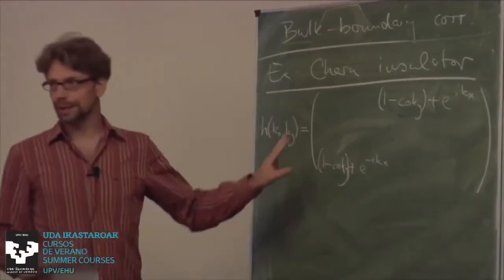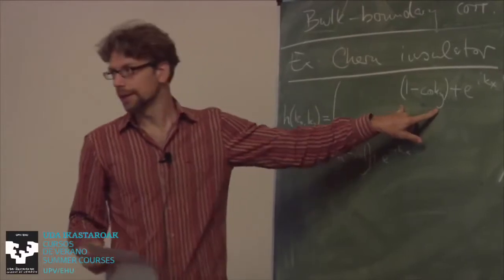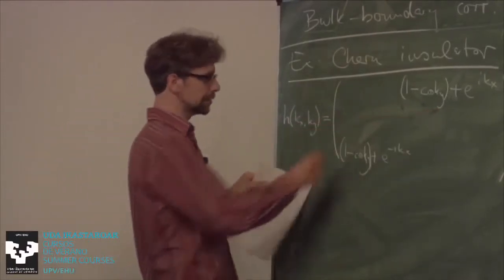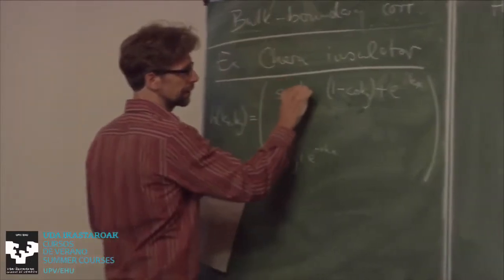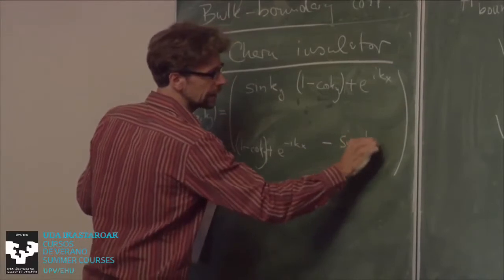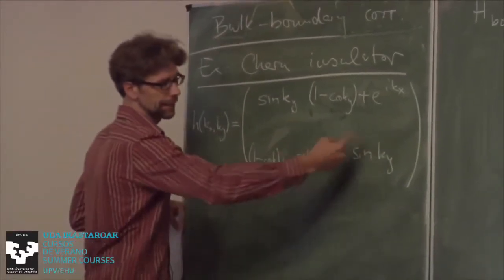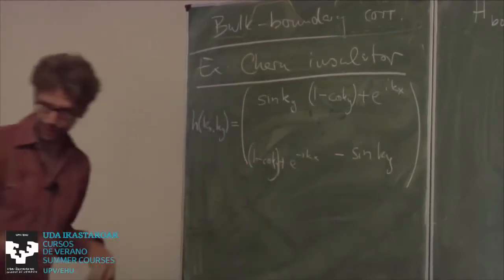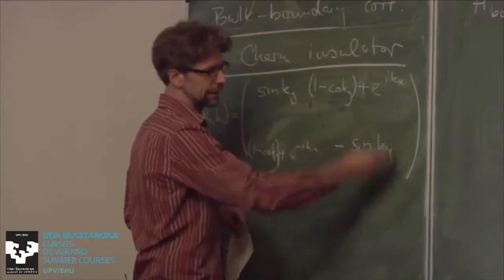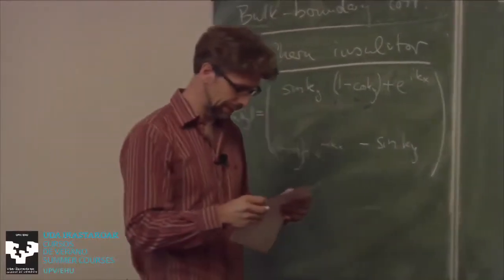Now that's cool, but that's not yet a gapped phase because we know that when this term is equal to 1, the system becomes gapless. And to avoid this, I'll add another term, which is sine ky minus sine ky on this diagonal, which doesn't affect the two limits I discussed right now because the sine ky is 0 at 0 and pi, but it just makes sure that the system remains gapped at the whole interpolation of the two, right?